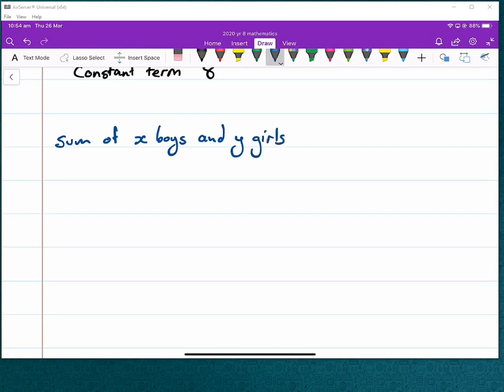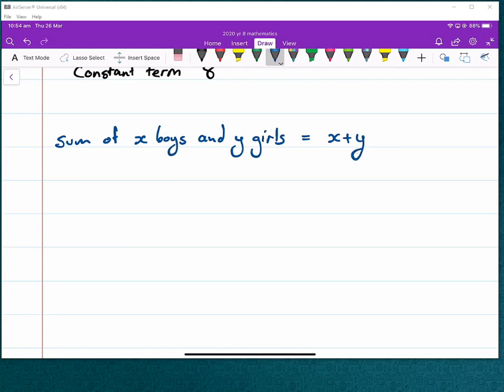So if we ever had a question like that, we'd write that as X plus Y. There is X plus Y people. So if there was 5 boys and 4 girls, we would have 5 plus 4, which is 9 people.